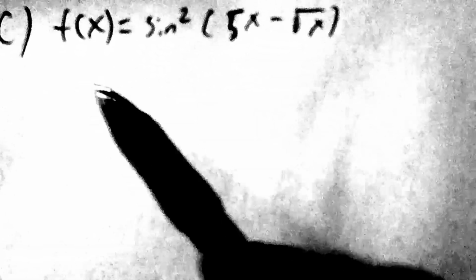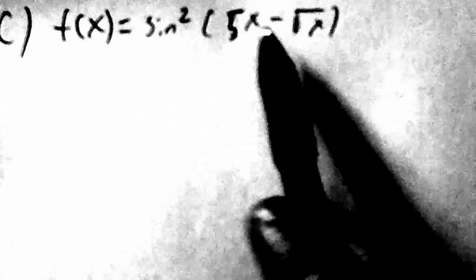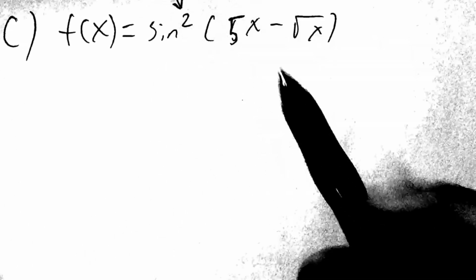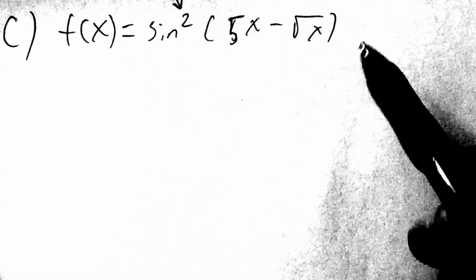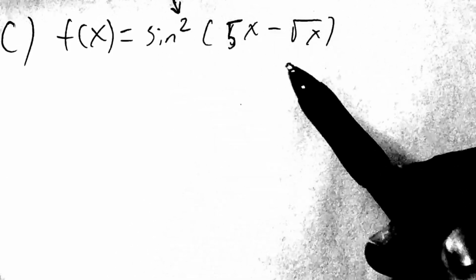What you need to notice is that this is a chain rule problem, and that's clear by the function inside a function. You can see this is parentheses, and we're taking sine of something. But also notice the square on the outside means that we're squaring the entire function.